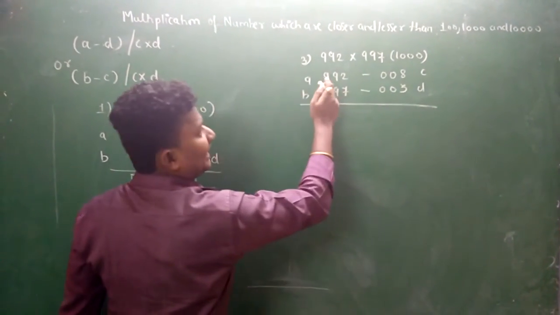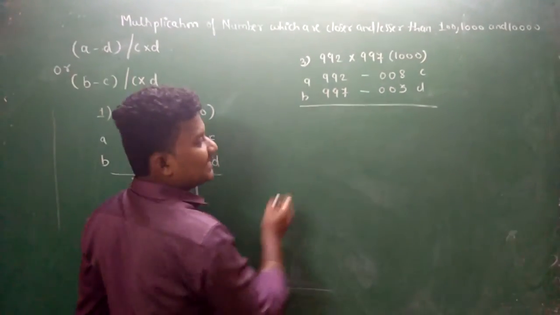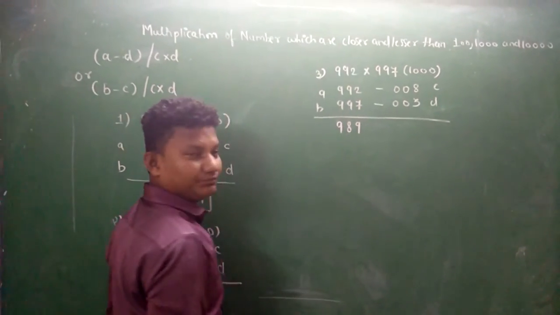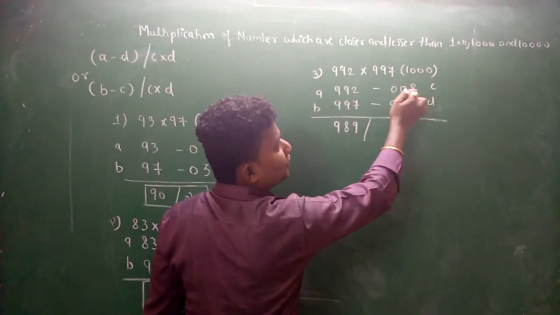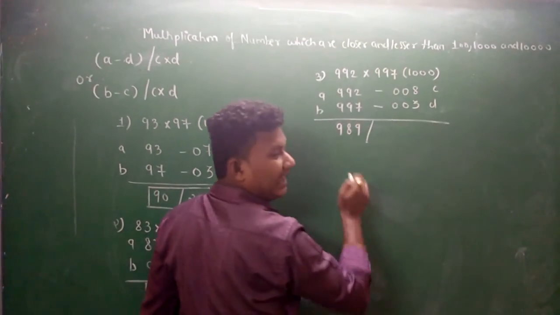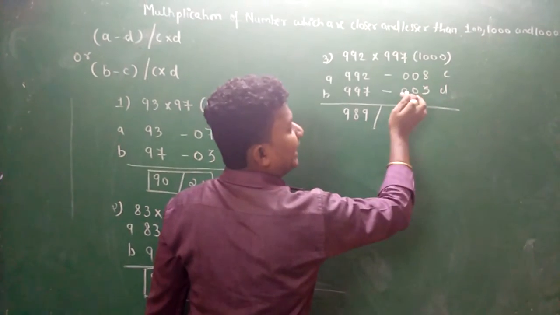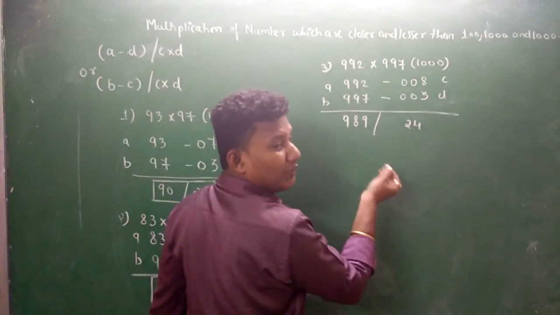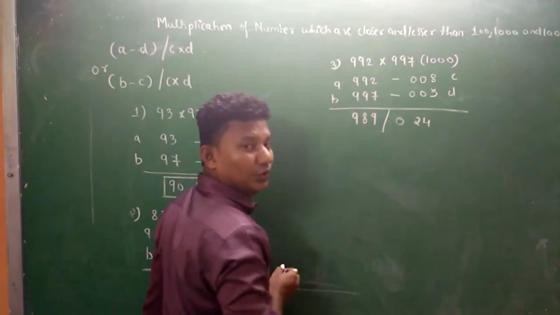Apply the formula: 992 minus 003. So can I say you will get the answer 989, yes or no? Slash c into d. So can I say 008 into 003? 8 3s are 24. If you multiply 008 into 003, you will get 24, but we have to convert the answer into 3-digit form, so I will write it as 024.